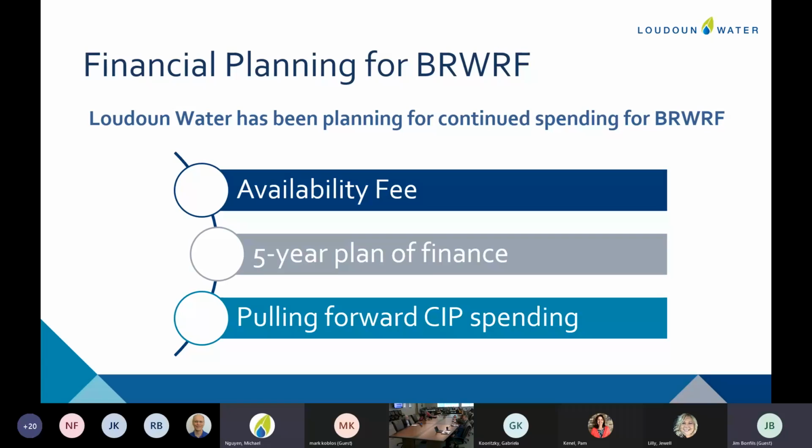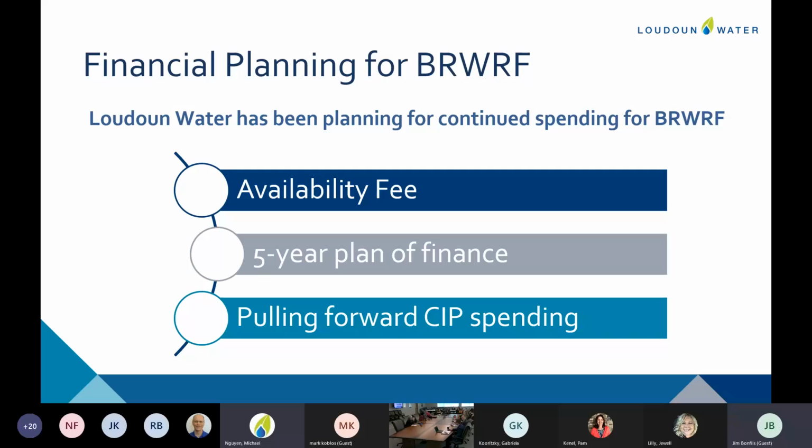So what will happen next is the 5-year spending for this will be built into our plan of finance, which goes through our finance committee, and we'll really see the impact of that on our borrowing. Again, keeping in mind that the availability charge will pay for this capital, but do we have enough in reserve for that, or do we borrow money? That's all what the 5-year plan of finance will answer.